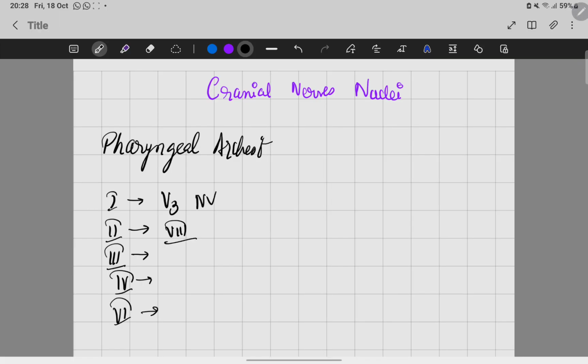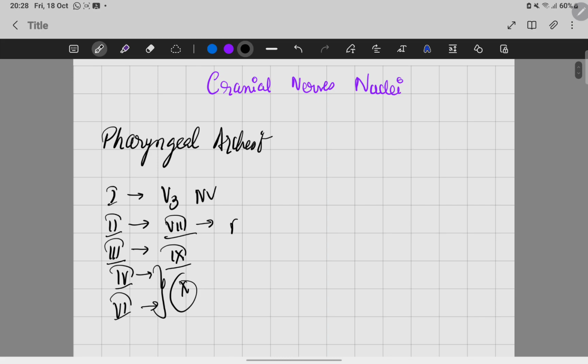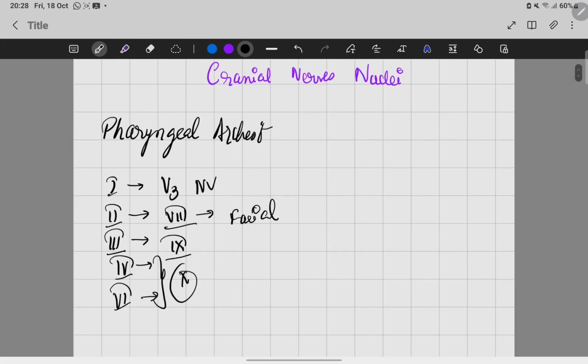The second is supplied by the facial nerve, the eighth, and the third by the ninth nerve. The fourth and sixth are both supplied by the 10th nerve, the vagus, and supply the muscles of pharynx and larynx. The first arch supplies muscles of mastication.